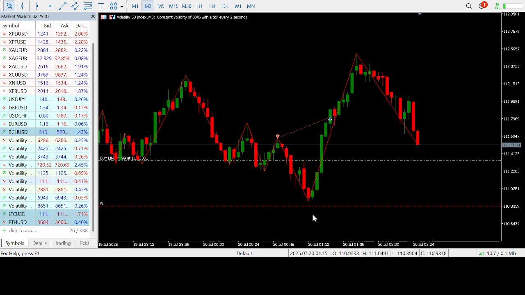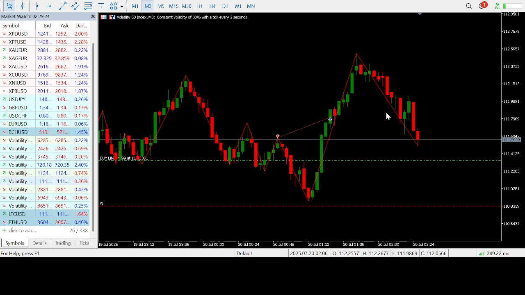This one is caused by the ATR. I'm using a very minimal ATR of 0.3. It depends on the pip value for this index, because different pairs have different reactions to the market.